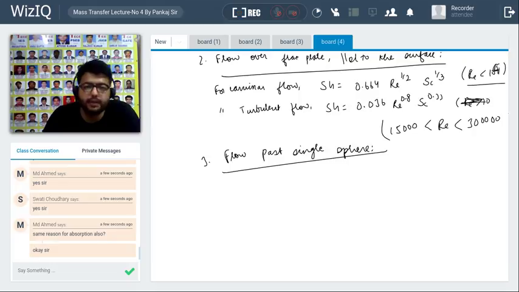Similarly, for the plate, when it's going perpendicular. But those relations are rarely asked because these are not the common examples. I'll tell you only the three examples. That is the flow inside a pipe, which is very common. Then flow parallel to the surface, that is over a flat plate. And the third one is the flow past a single sphere. Because these three cases are asked most frequently.